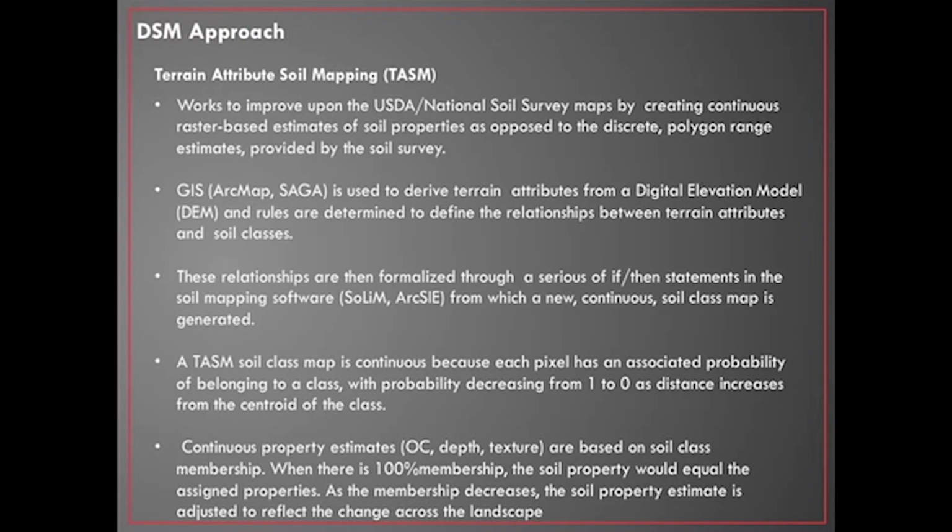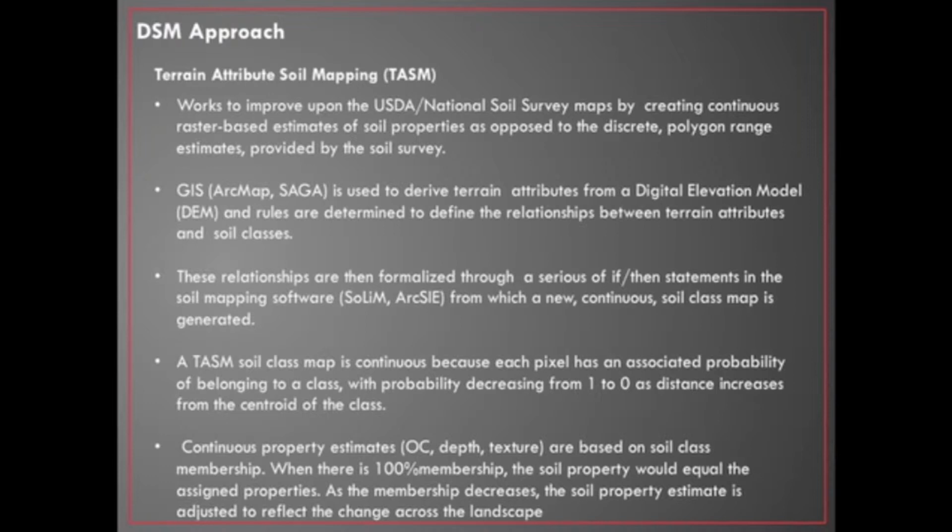There are three main approaches to digital soil mapping. There's purely geostatistics, which I'm not going to talk about today, a knowledge-based approach, where we use some of the knowledge that we already have as soil scientists, and a hybrid. Today I'm just going to talk about one knowledge-based approach, developed at Purdue, called terrain attribute soil mapping.